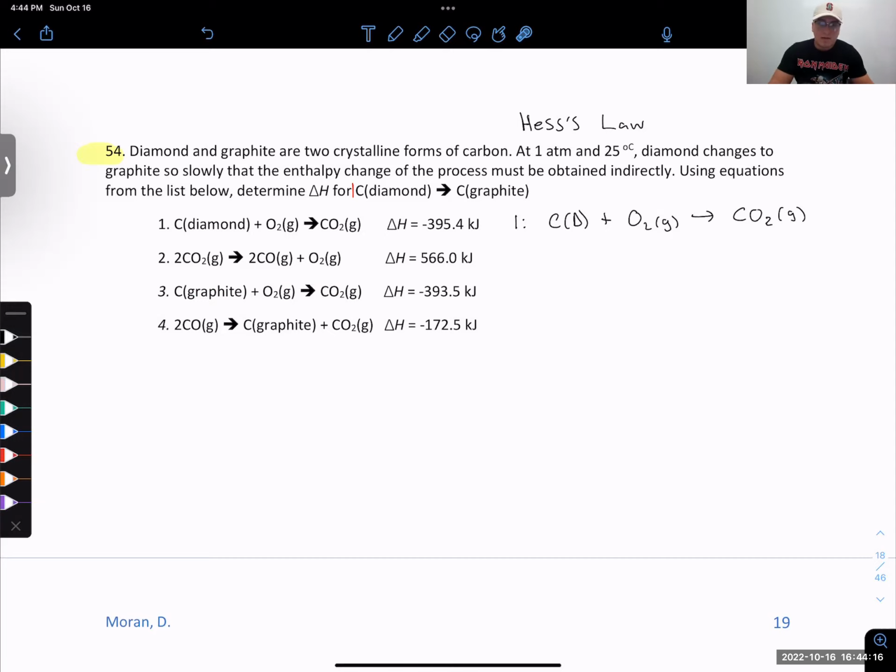So these problems really are just seeing what you have and seeing what you need to switch in order to cancel out. So let's see what else we have. We have 1 carbon monoxide here, 1 here. So those would cancel out, because you can only cancel things out that are on the opposite side. So carbon monoxide's on the product side here, and in this reaction, it's on the reactant side. So those would cancel out.